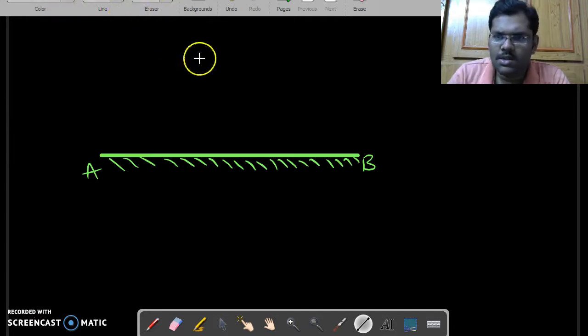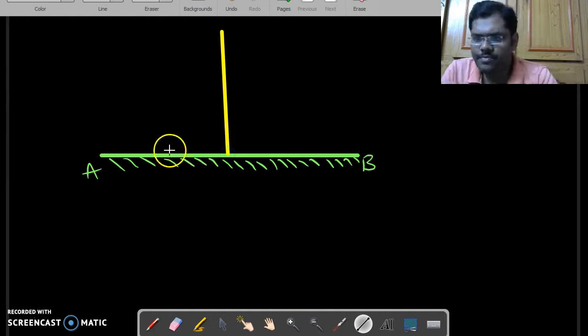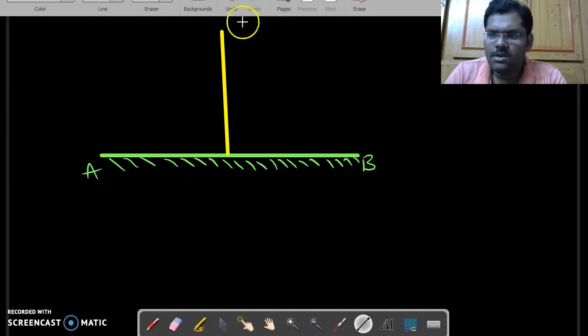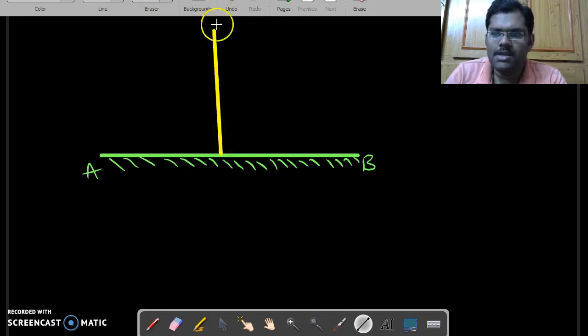This is the normal, that is the line drawn perpendicular to the surface.